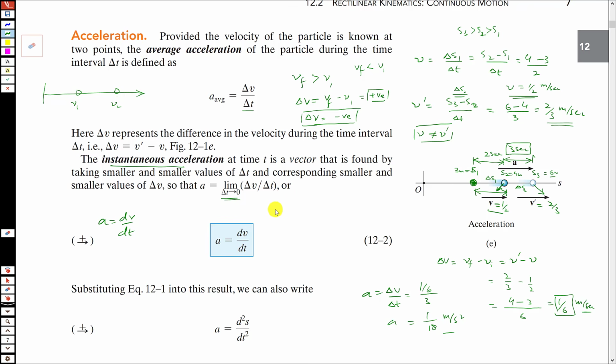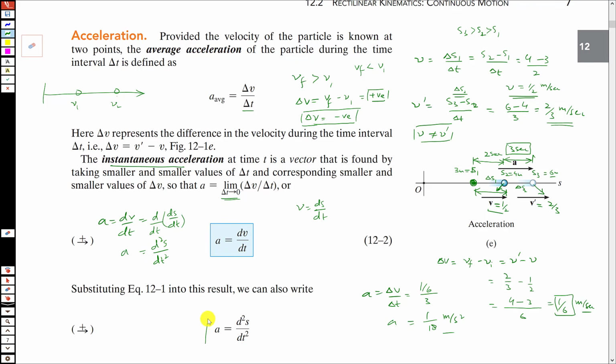If acceleration is dv by dt and velocity is ds by dt, we can write it like this as well: d by dt of velocity, and velocity is itself ds by dt. This means that we can write acceleration in terms of the displacement as well. So this will be d square s by dt square.